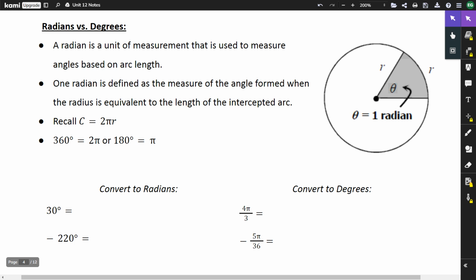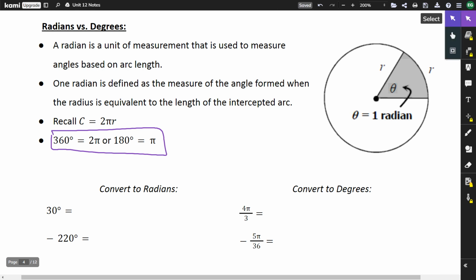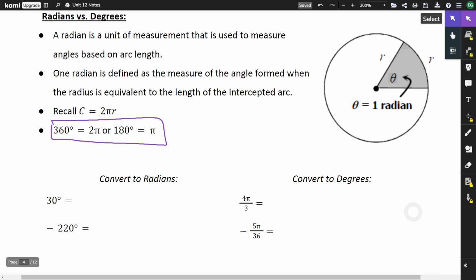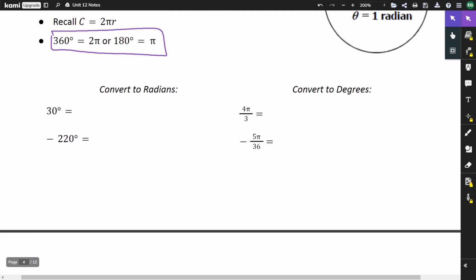What we're going to do a lot of is converting between degrees and radian units, and this is the information that's going to help us do the conversion. So that's what we have in these next couple examples. We're just converting from one unit of measurement to another, and we can talk about what radians are in more detail during class.